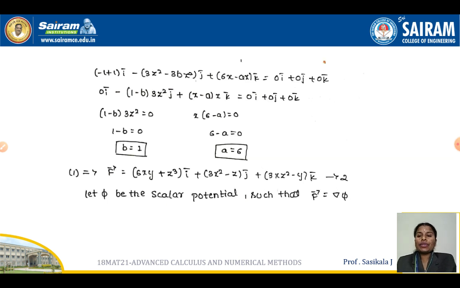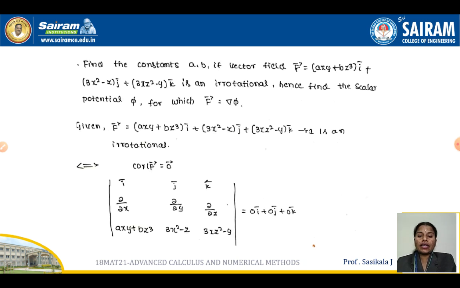Now go with the determinant. Dou by dou y of this term: with respect to y, the 3x z squared will go 0, only the minus 1 term remains. And with respect to z, minus into minus gives plus 1. So completely 0 for your i coefficient, right? Similarly you can do the second one.